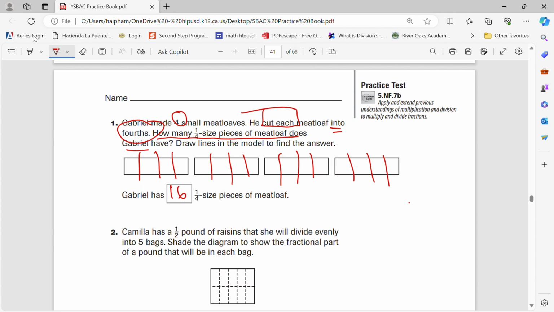This is also a process of dividing. Okay, so let us just go over the steps of how we would compute dividing fractions.